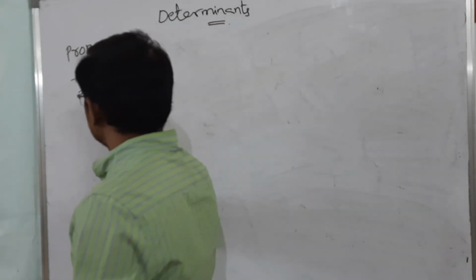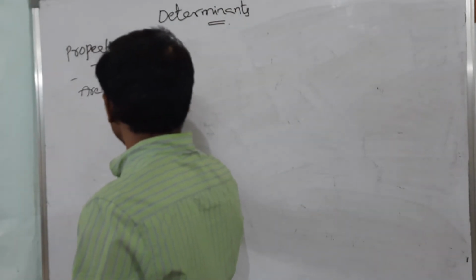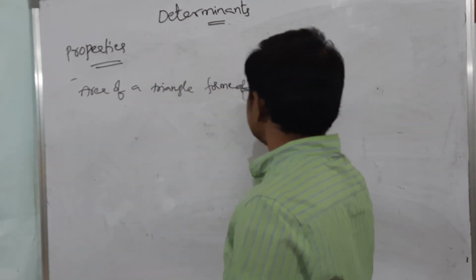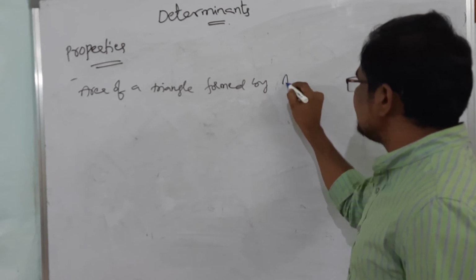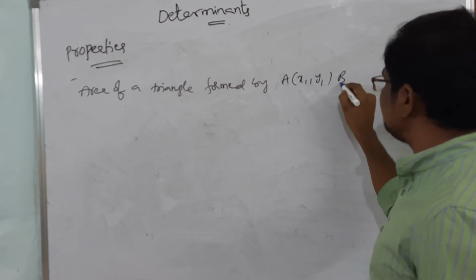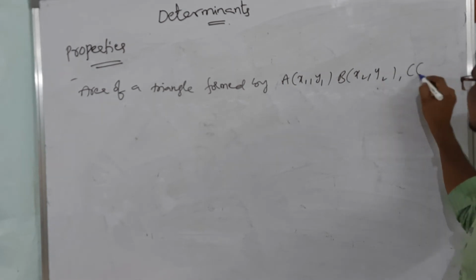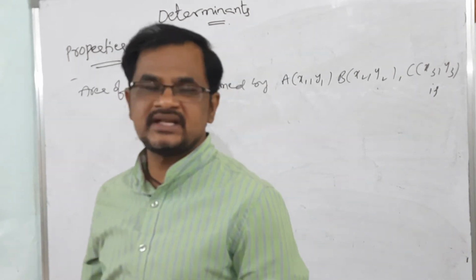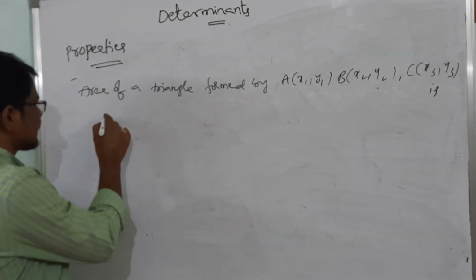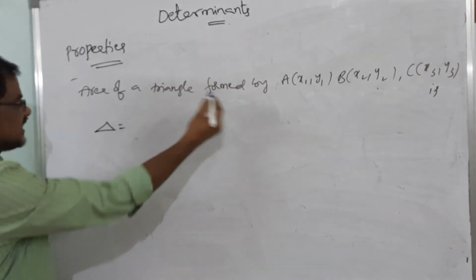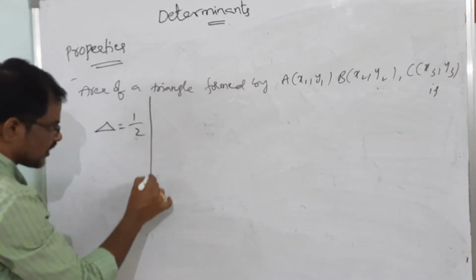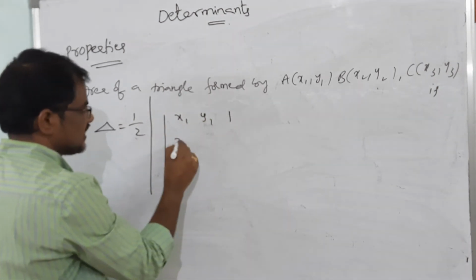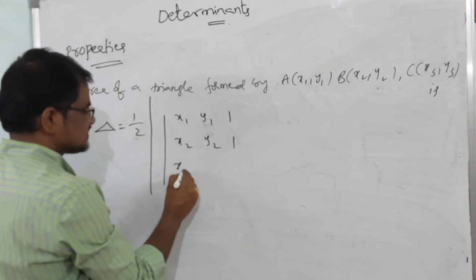The area of a triangle formed by the points A (x1, y1), B (x2, y2) and C (x3, y3): if you denote the area by delta, it is 1 by 2 into the modulus of the determinant, where you will get x1 y1 1, x2 y2 1, x3 y3 1.